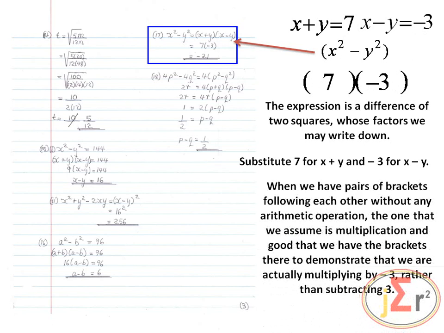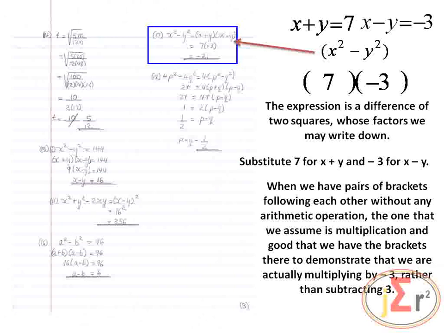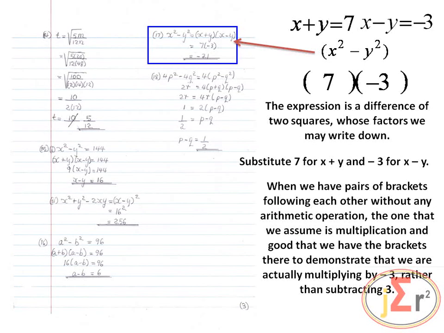When we have pairs of brackets following each other without any arithmetic operation, the one that we assume is multiplication, and good that we have the brackets there to demonstrate that we are actually multiplying by negative 3 rather than subtracting negative 3.